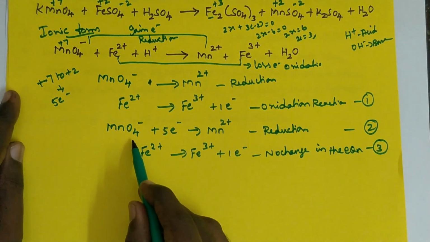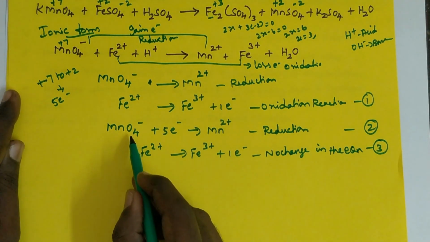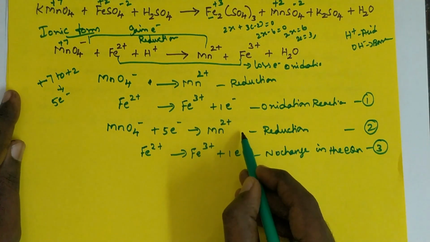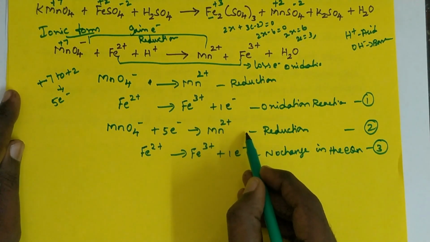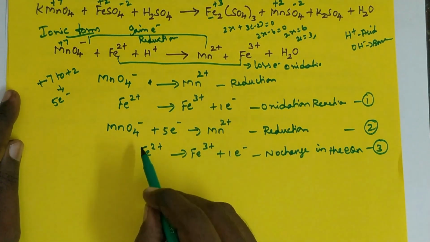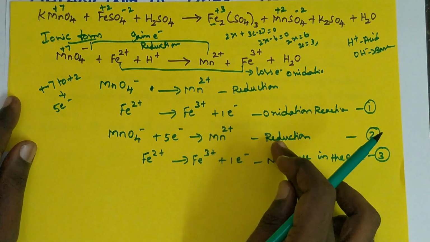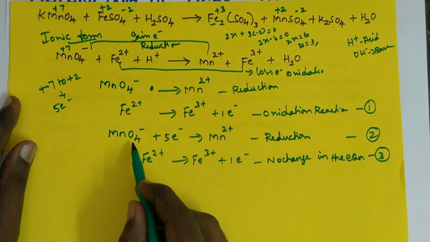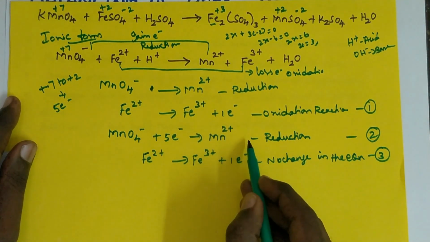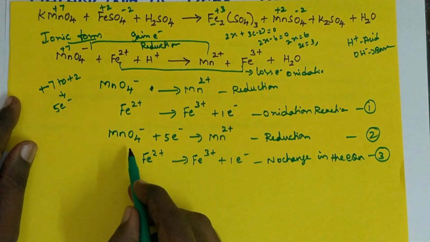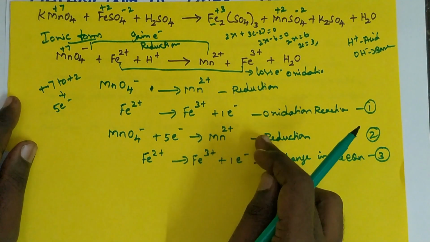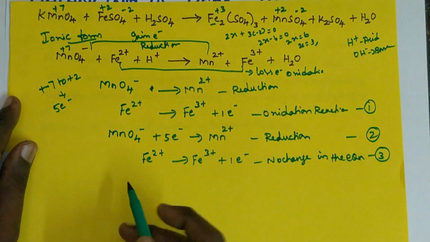But in the case of the second equation, oxygen on the left hand side is 4, and on the right hand side there is no oxygen. I already said oxygen atoms are balanced by adding water molecules on the side falling short of oxygen. So the left hand side has 4 oxygen, so you have to add 4 water molecules on the right hand side.